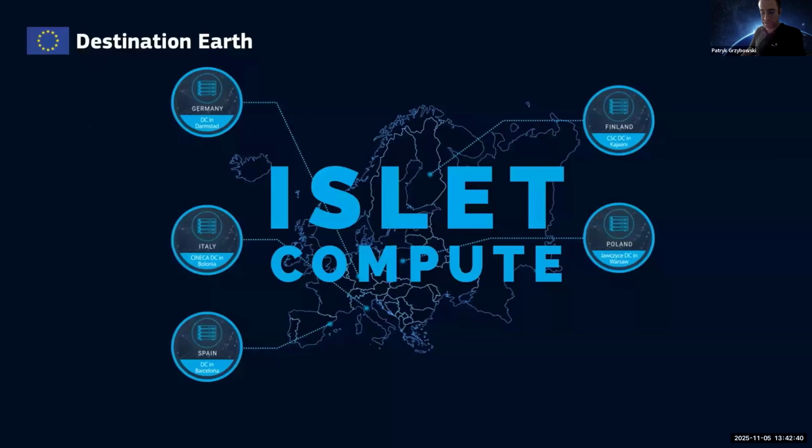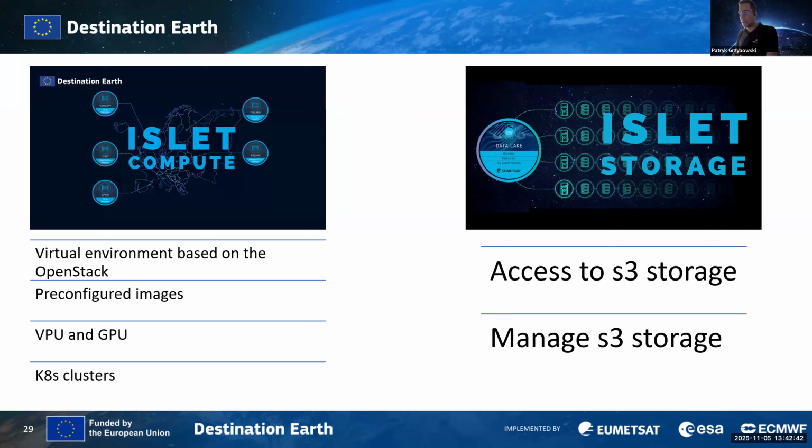And finally, we have ILET, which could be divided into two parts: ILET compute and ILET storage. ILET compute is about infrastructure, providing virtual environments, virtual machines, and Kubernetes clusters. Some pre-configured images are provided to the users by default, so you don't have to install many packages.